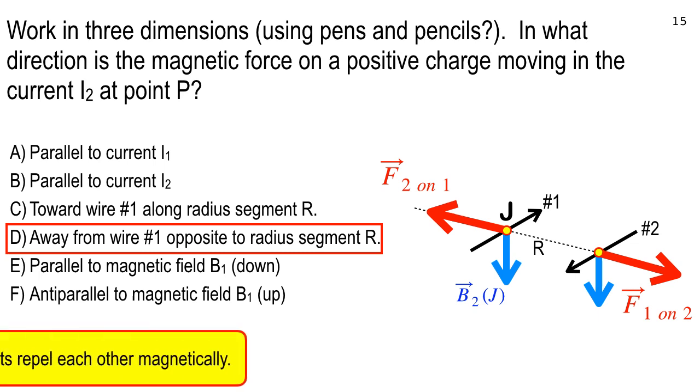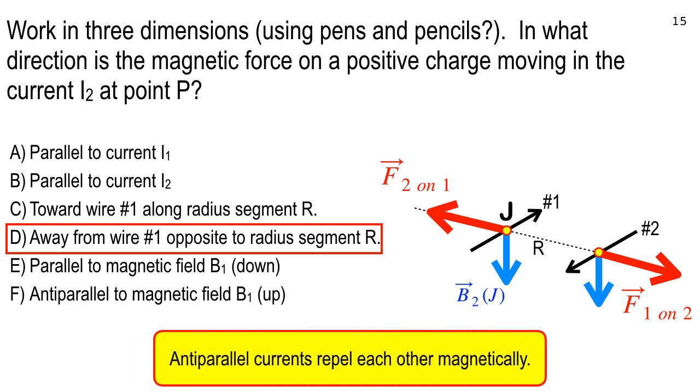Bottom line, my wonderful students, is this: anti-parallel currents repel each other magnetically. It's not an electrostatic force, although it's related to that.